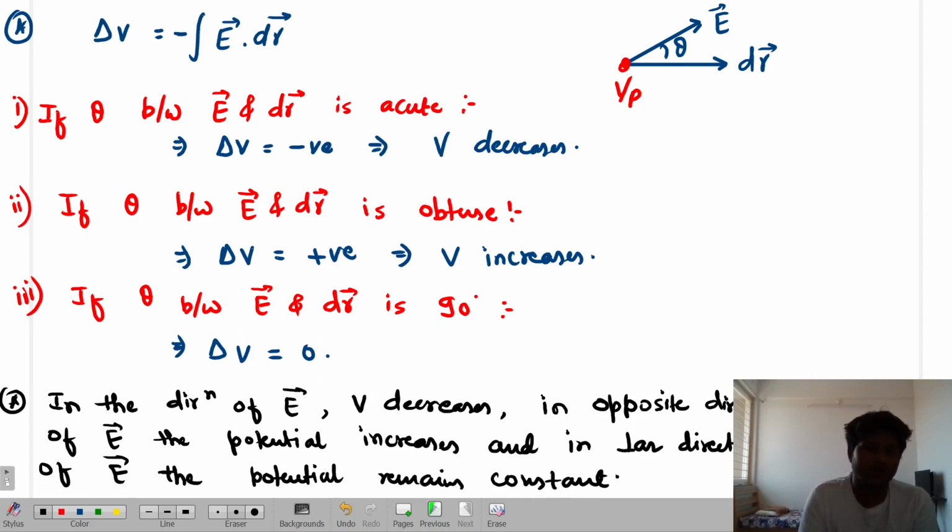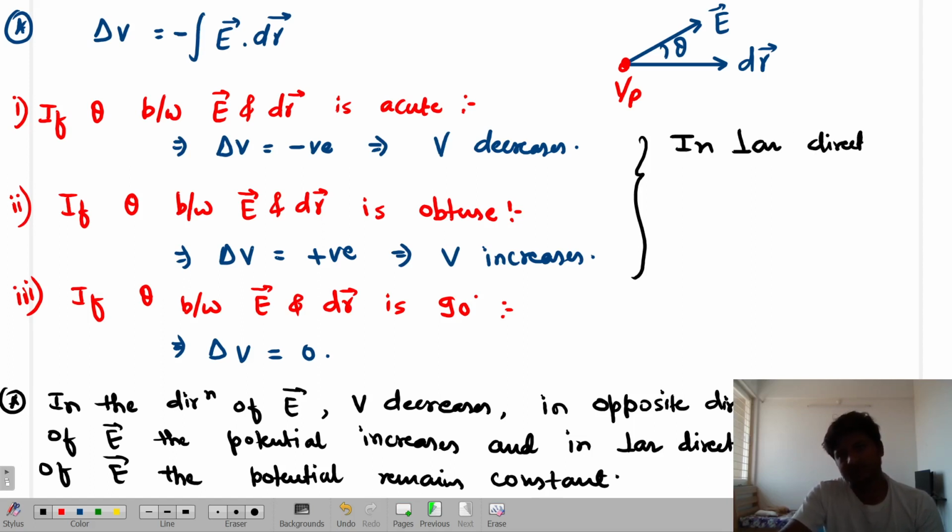And this is what is called the equipotential surface. This statement means in the perpendicular direction of electric field, our V is constant.